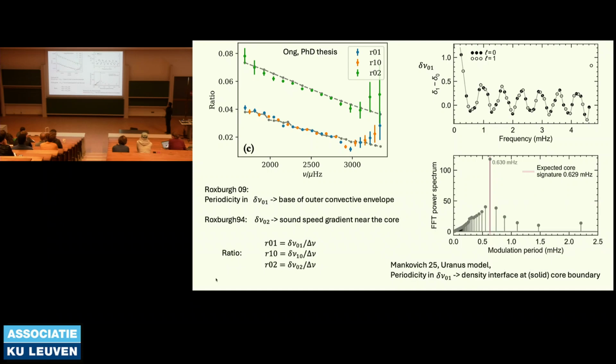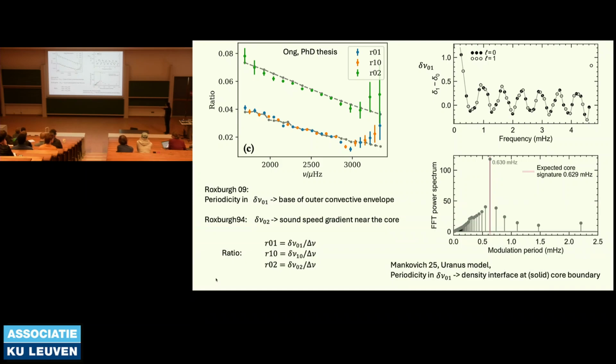For example, delta nu 01 has been used to infer the base of the convective envelope in solar-type stars by Roxburgh. And also, delta nu 02 has been used to infer the core properties, especially the sound speed gradient. And on the right, we have also delta nu 01, which is from a model for Uranus from a recent paper.